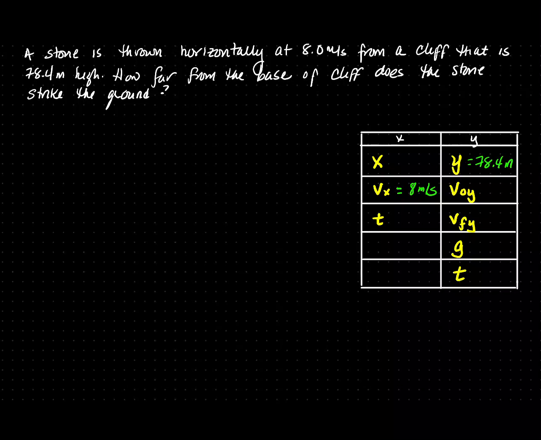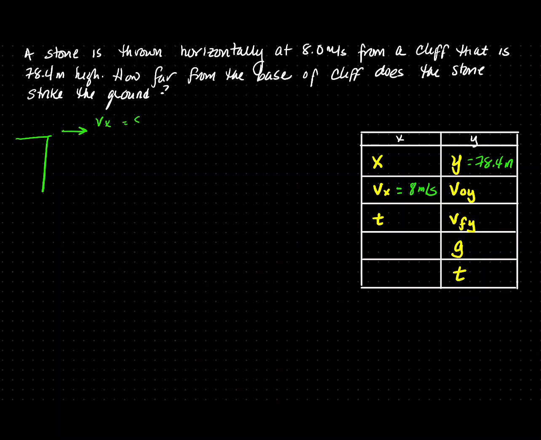So we are looking for x, from the base of the cliff, does the stone strike the ground. So if I draw a picture, pictures always help. We have a Vx going across. This Vx is 8 meters per second. My height of my cliff is 78.4 meters. And what I want to do is find the range or the distance from the base.